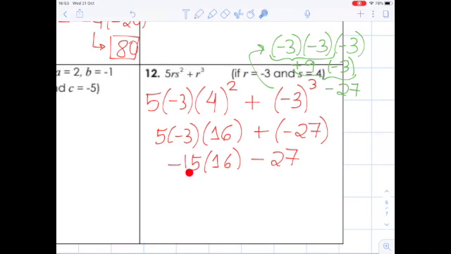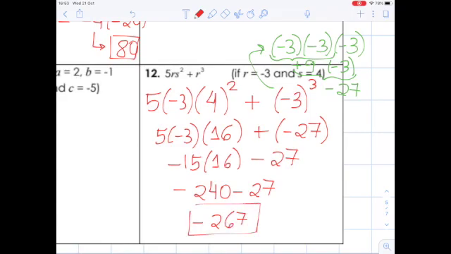If I do that, a negative and a positive gives me a negative, and 15 times 16 gives me 240, minus 27. Now I can solve negative 240 minus 27. This should give me negative 267.